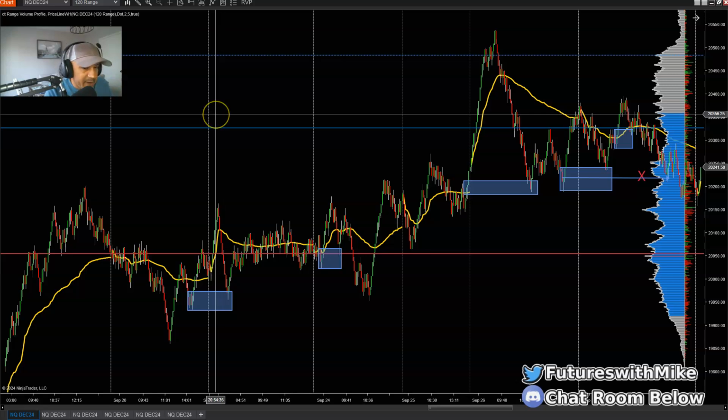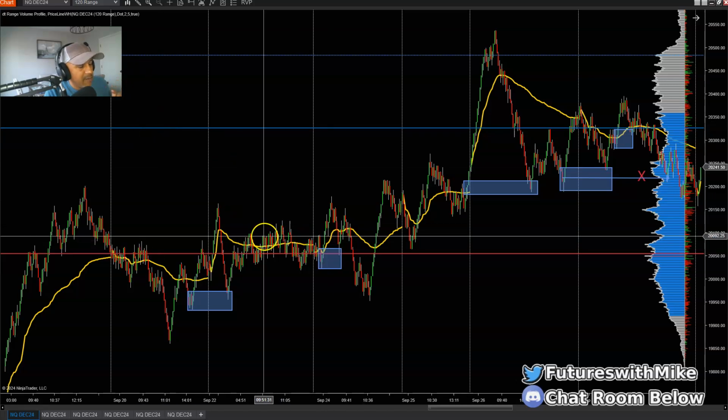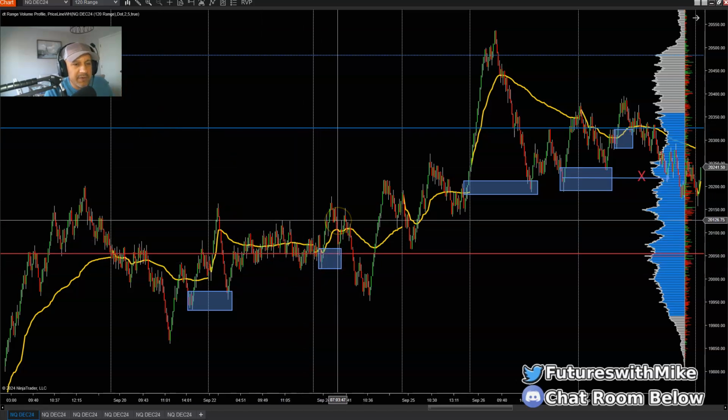When you start moving down, try to avoid getting down to lower base charts beyond maybe a 20, because you want to eliminate some of the noise. So I'm marking up a higher base chart first, and then I'm going to move down to a lower base chart to find my entry point.